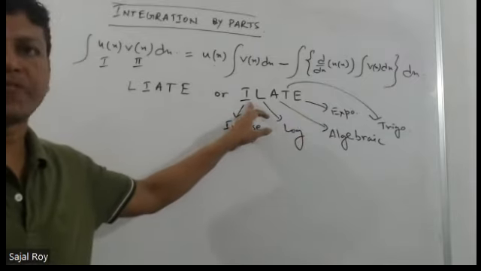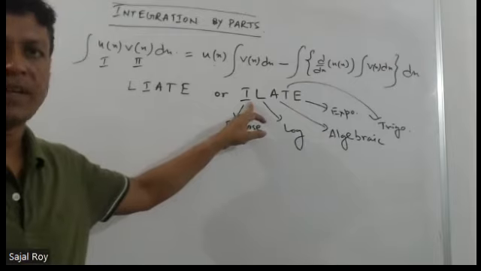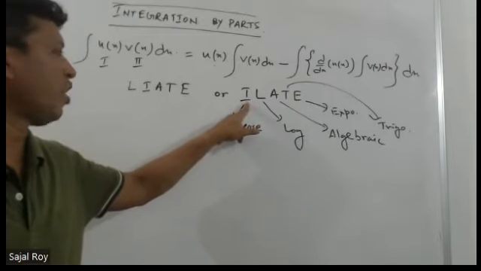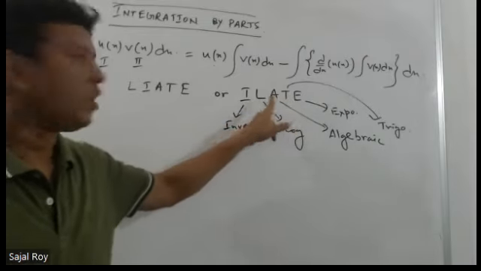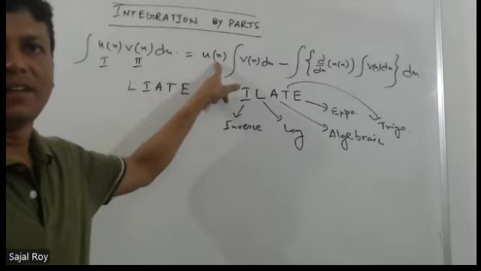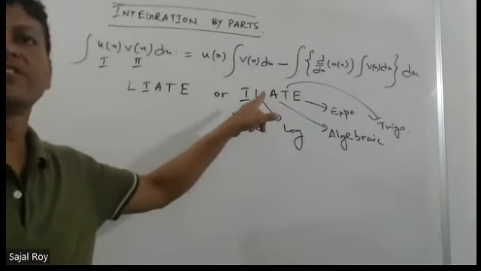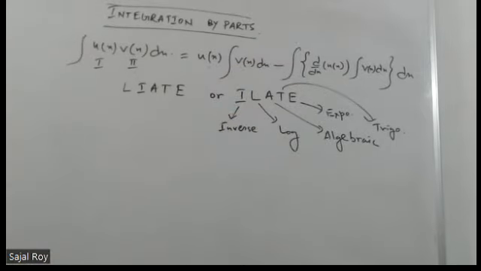Whichever function comes first in this order will be your first function. So suppose there is a combination of log and trigonometric. Log will be your first function, because you don't have a formula for integration of log, but you can differentiate all the functions.